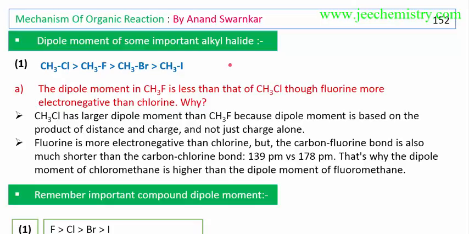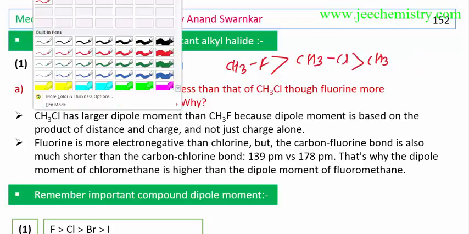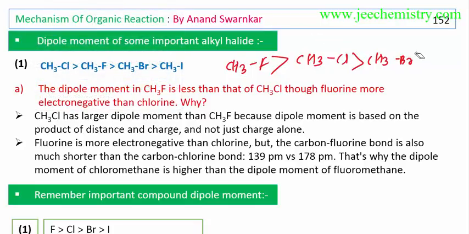If any student sees these compounds for the first time, they would think the dipole moment should be in this order, because fluorine has higher electronegativity than chlorine. As the electronegativity increases, the dipole moment increases, but something changes in these compounds.